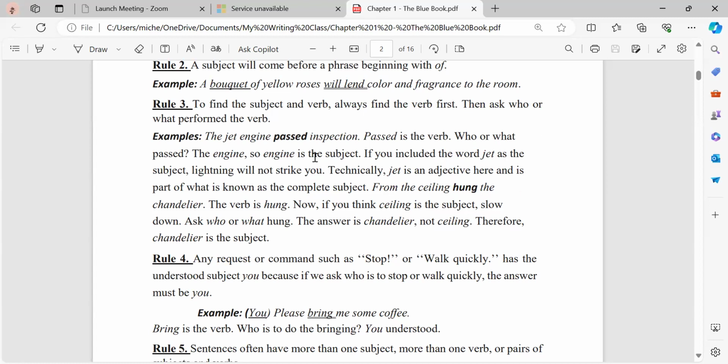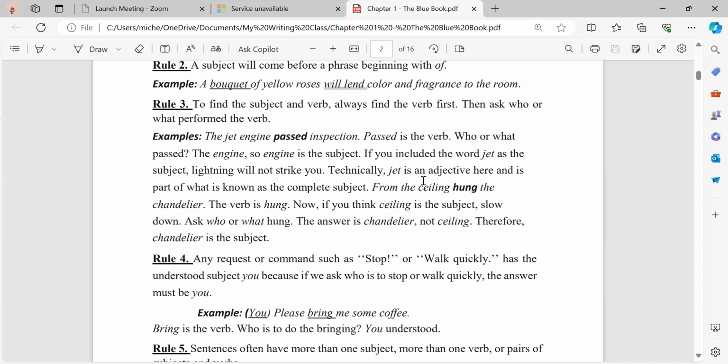Technically, "jet" is an adjective here and is part of what is known as the complete subject. There would usually be an adjective like this in a sentence. "Jet" technically acts like additional information about the word "engine", which is why it's called a jet engine.